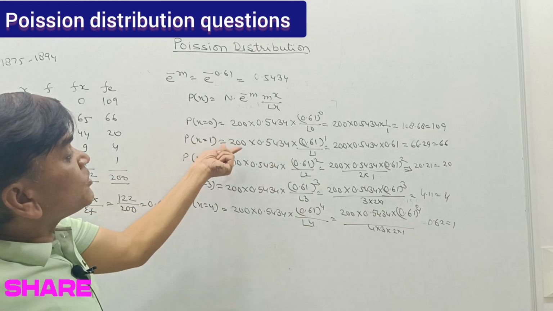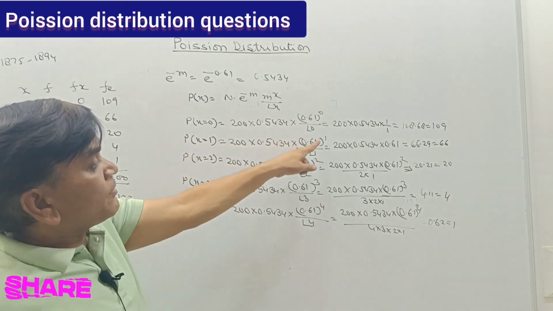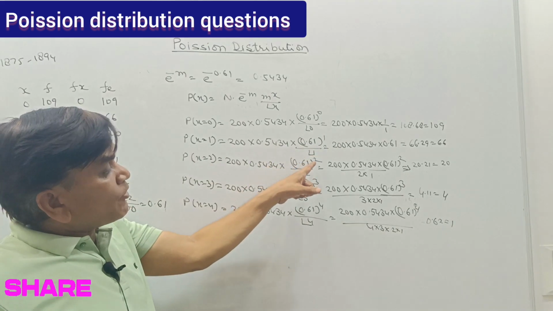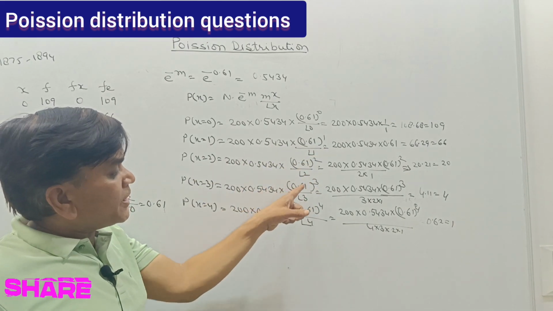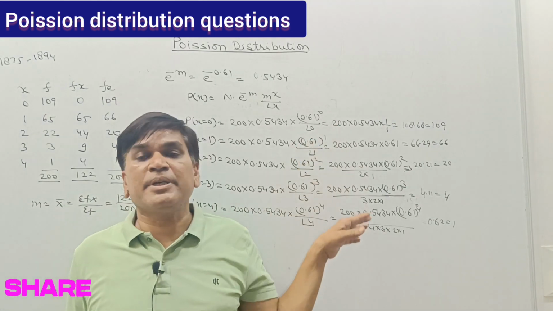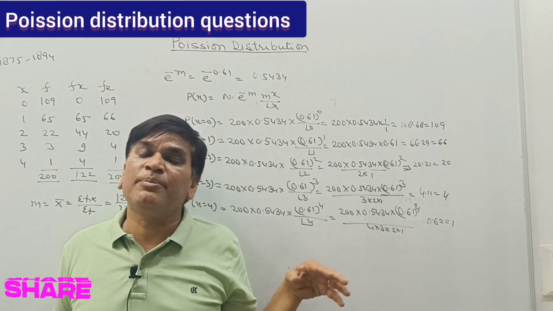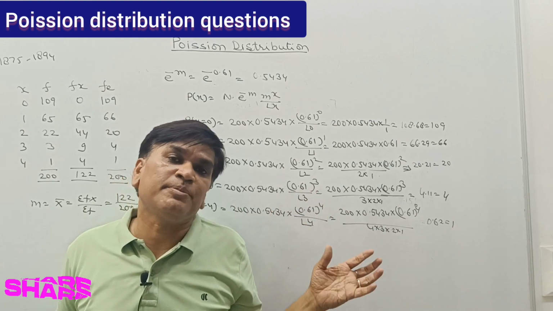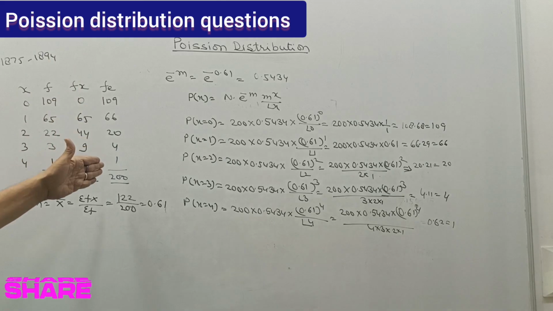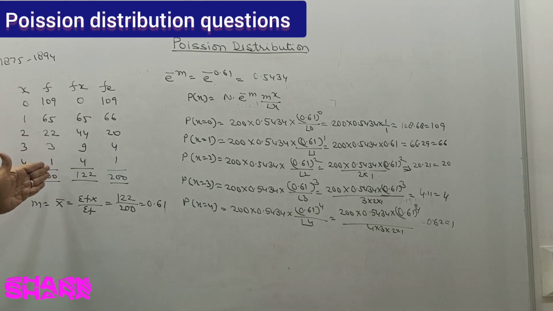Then 200 multiply this by m raised to power 1 upon factorial 1, then m raised to power 2 upon factorial 2, then m raised to power 3 upon factorial 3, and m raised to power 4 upon factorial 4. A calculator will be available in your examination, so with the help of the calculator you can calculate. These are the estimated frequencies, and these are the original frequencies.